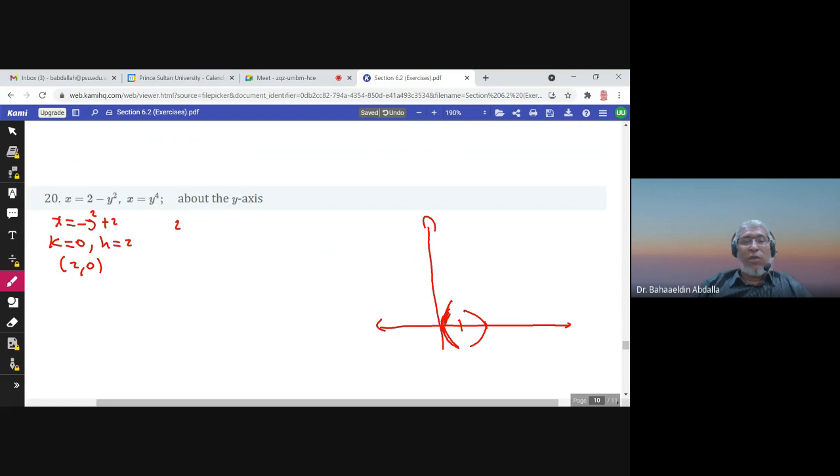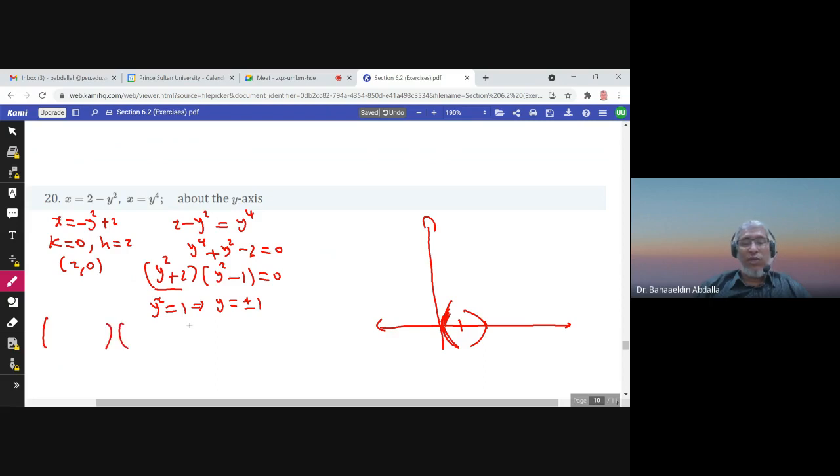So let me equate 2 minus y squared equals y to the power 4, or y to the power 4 plus y squared minus 2 is 0, or y squared plus 2 times y squared minus 1 is 0. Okay, so this has no real zeros, but here we have y squared equals 1, so y is plus or minus 1. So the intersection points would be y is 1 or negative 1.